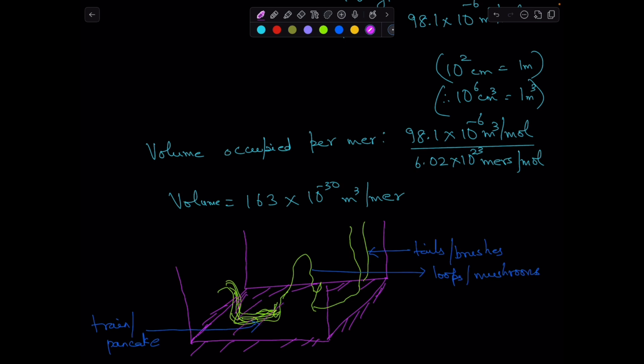Now we want to find out the length of this tail, how much this tail is jutting out of the surface. That's what we want to find out, or the length of the brush, the maximum length of the brush.